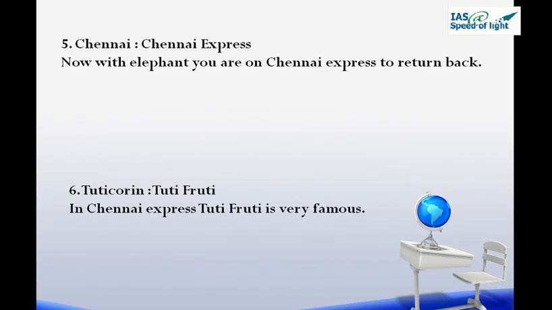You are sitting in the Chennai Express with your elephant, and people are telling you Tutti Frutti, this ice cream of Chennai Express, is really famous, which they manufacture in their pantry only. So Tutti Frutti. From Tutti Frutti, we get Tuticorin. Tuticorin is another major port on the eastern coast of India.